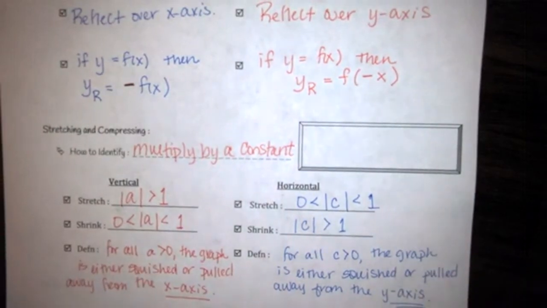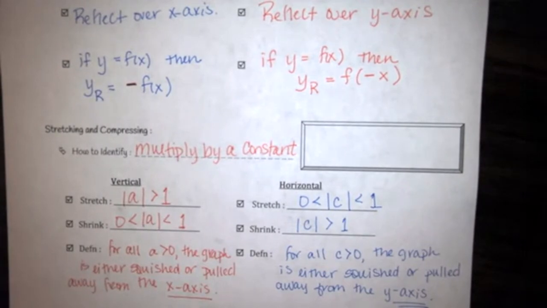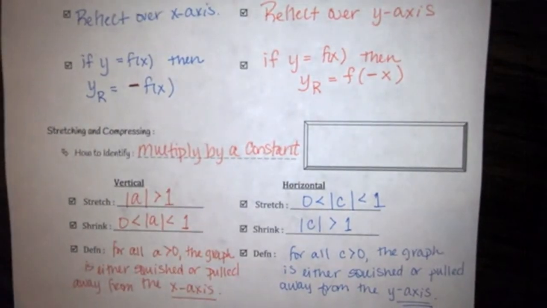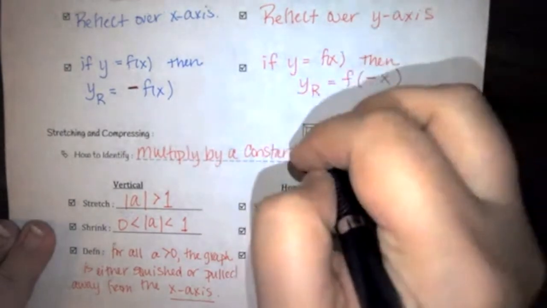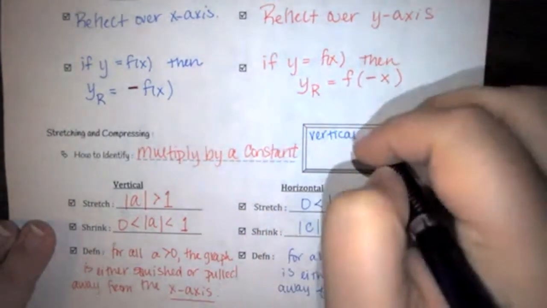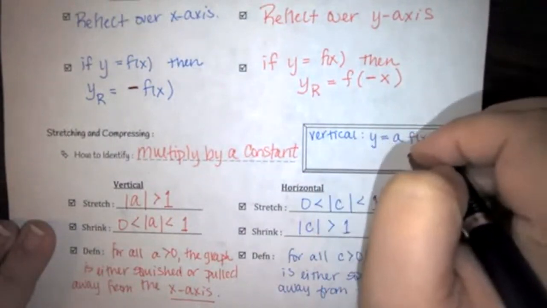So here, when you're talking about your horizontal, we are talking about getting further and further away from that y-axis point. Okay? So how does that actually look in terms of your equation? Well, when we have our vertical, we are talking about y equaling a times f of x.